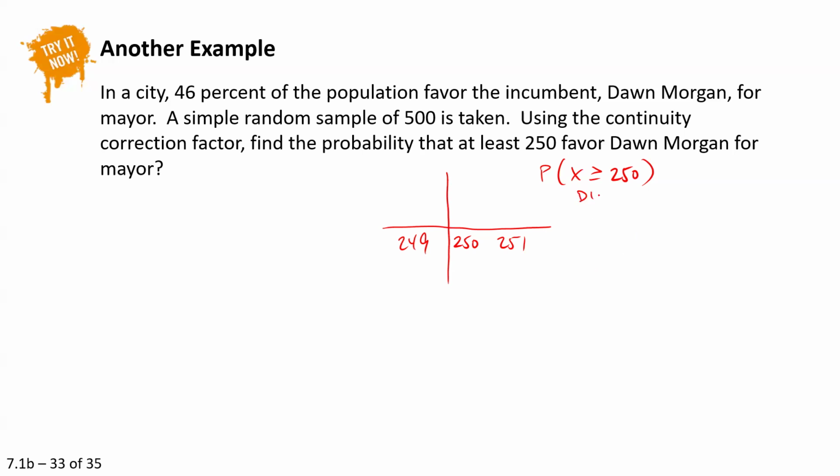So in discrete distributions, we're looking at that. But when we go to a continuous distribution, now we're looking at that. That's our continuity correction factor. Well, just go back to that same question. X being greater than 250, does 251 qualify? 250? 249? I agree. Which is why the cutoff is in between 249 and 250.